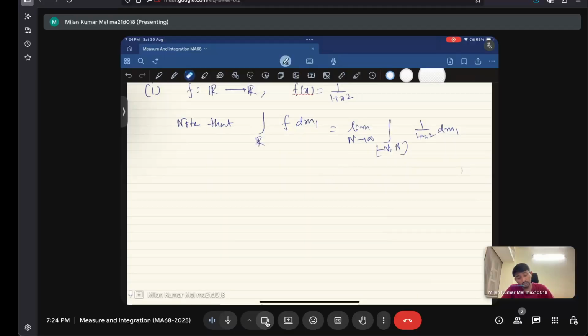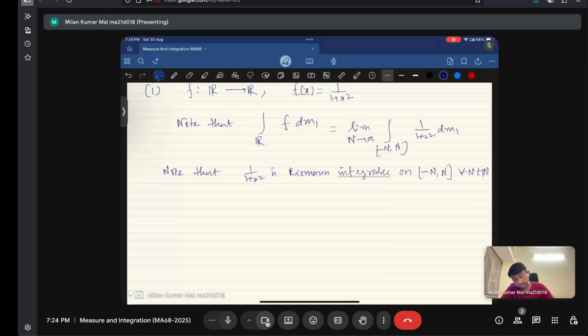So now if we have this, note that f is Riemann integrable on minus n to n for all n belonging to the natural numbers.